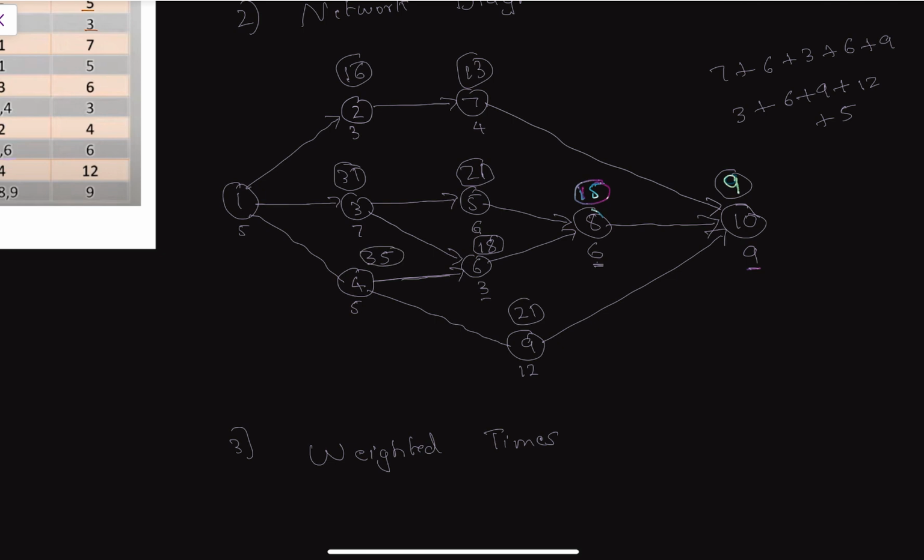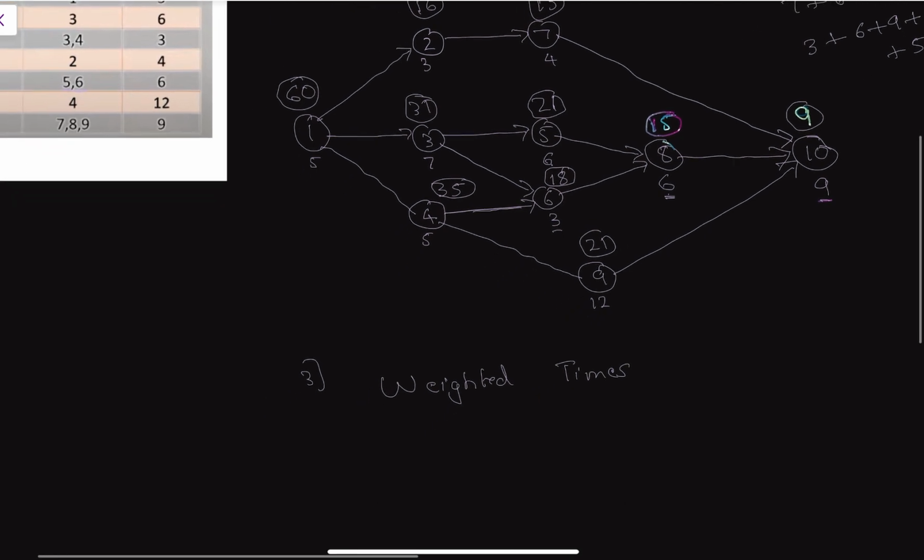Okay, similarly for 1, you need to add all the values downstream, so it will be 60. Okay, so we have found out the weighted times.